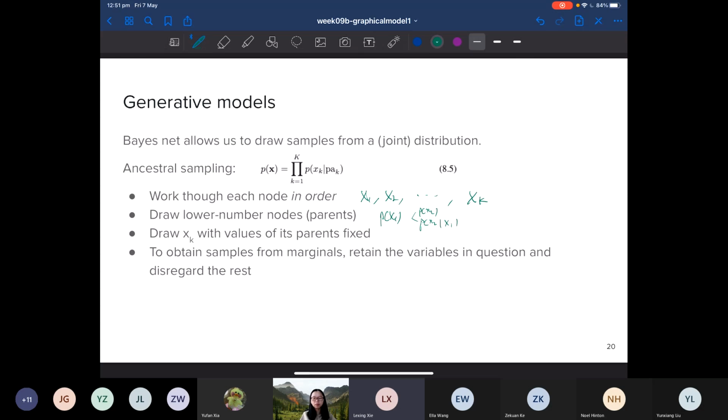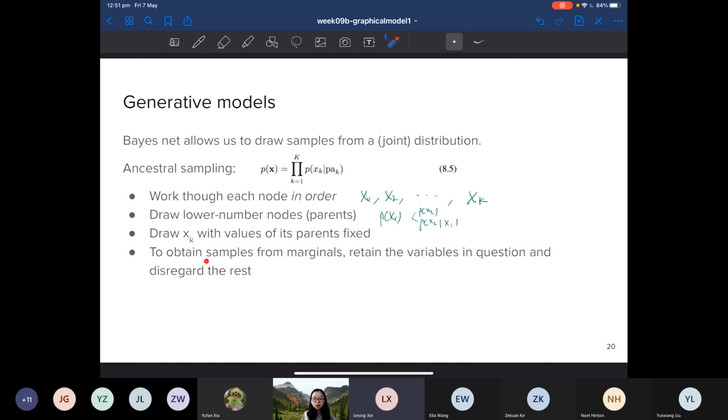Here we're assuming that x1, x2, and so on are multinomials or binomials, so it's easy to draw without needing the sampling tricks that we talked about on Monday. And once we get to xK, we should already have all of its parents, so we just draw from the conditional probability conditioned on the parent values. The probability of xK is also just a table of probabilities.